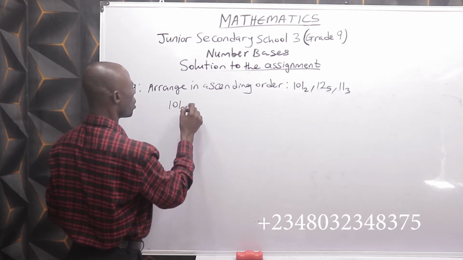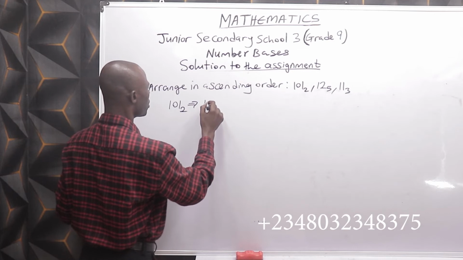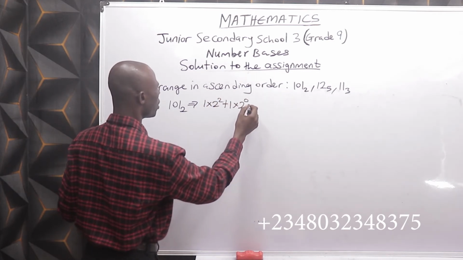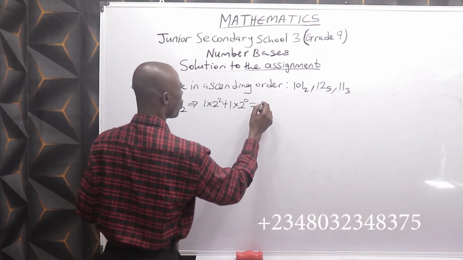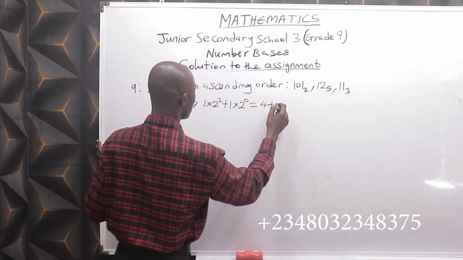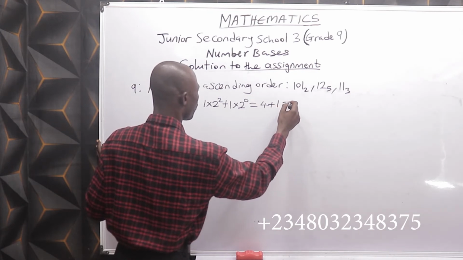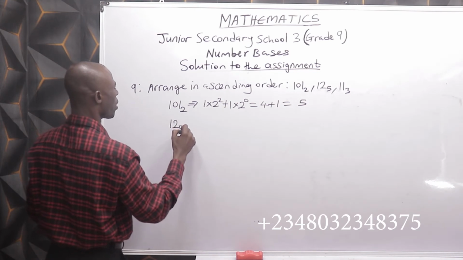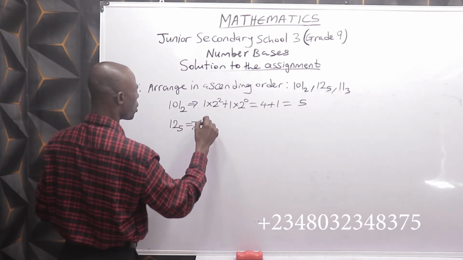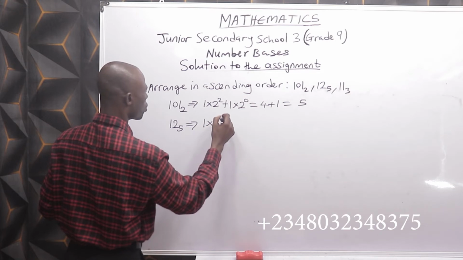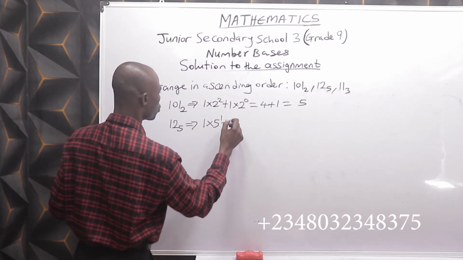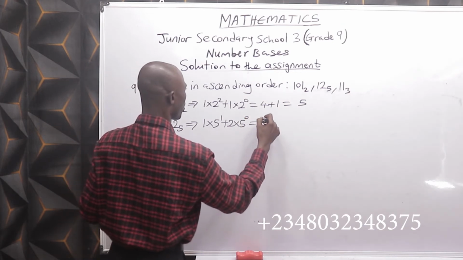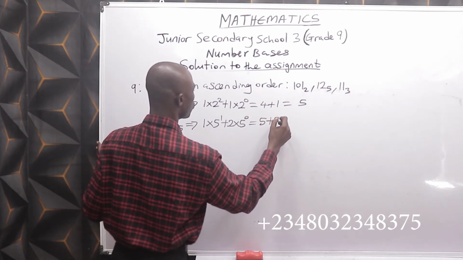101 base 2 in base 10 will be 1 times 2 raised to power 2 plus 1 times 2 raised to power 0, and that will be 4 plus 1, finally 5. 12 base 5 in base 10 will be 1 times 5 raised to power 1 plus 2 times 5 raised to power 0, which will be 5 plus 2.